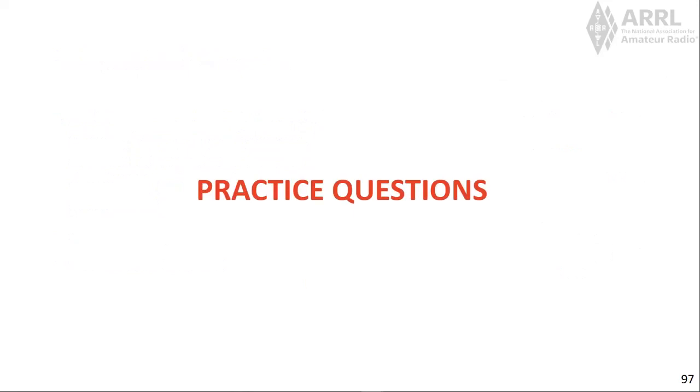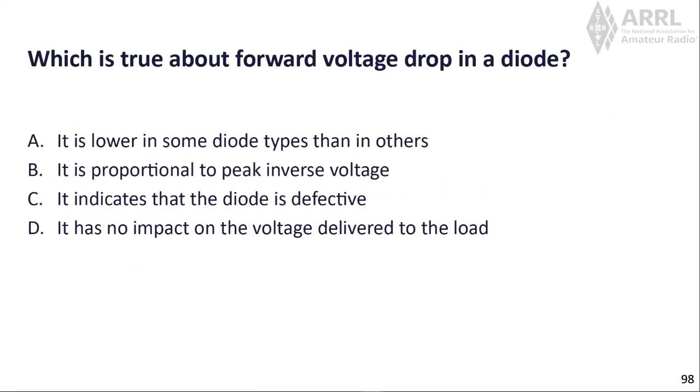Okay, practice questions. What is true about the forward voltage drop in a diode? The answer is A. It is lower in some diode types than in others. Like I said, the standard silicon diode is 0.6.